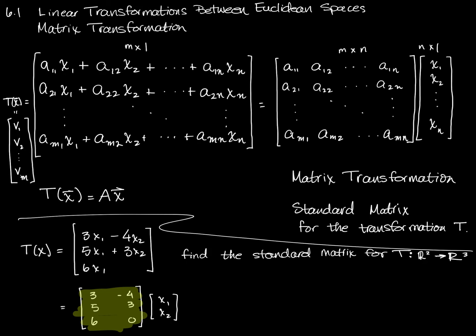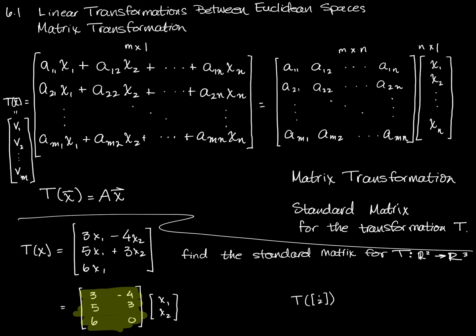Once you know what the standard matrix is, you can use it to find images of any vector in the space. So now I could do, for example, the transformation of 1, 2 using this T, right? That T right there is this T right here, so it's the same transformation.